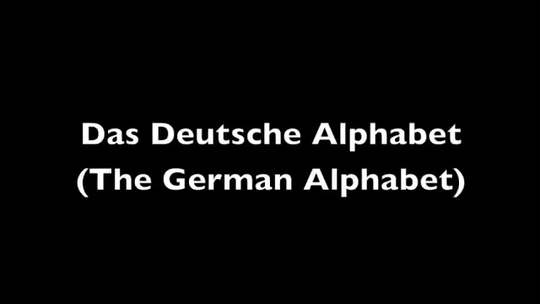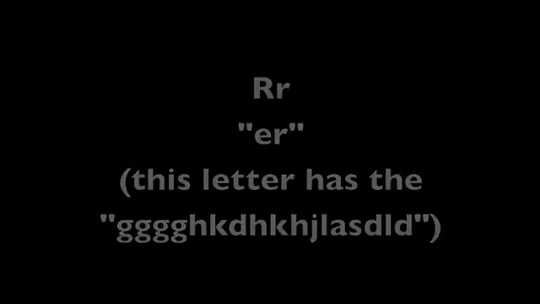I'm going to say the alphabet slow first, and then I'm going to speed it up. A, B, C, D, E, F, G, H, I, J, K, L, M, N, O, P, Q, R, S, T, U, V, W, X, Y, Z. Wonderful.